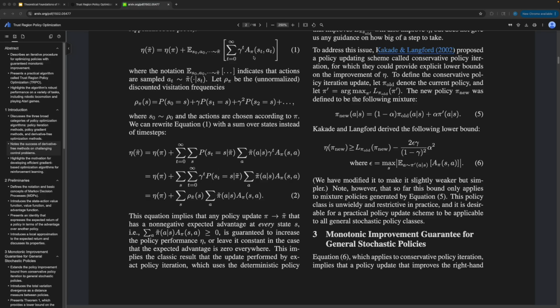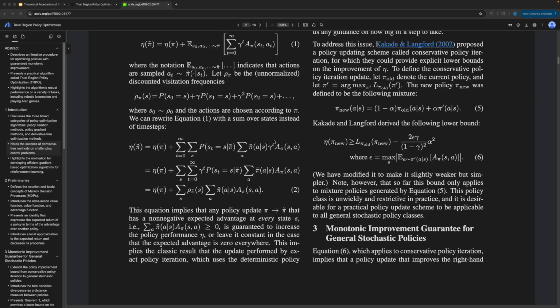Since we want to sample states and actions from this distribution, it's the probability that you are at this state given your policy pi tilde, and a summation over all actions, the probability of choosing this action at this state given pi tilde, times this factor, which is gamma to the power t, A pi s a.